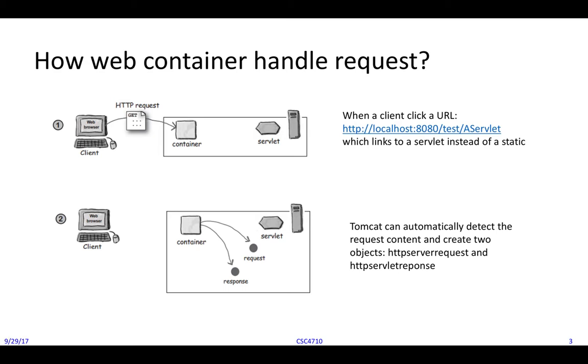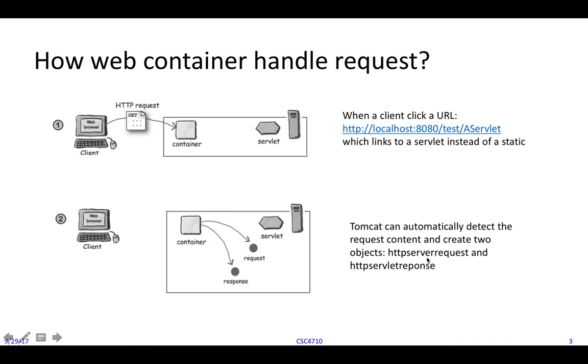It means that this URL will link to a servlet instead of a static web page. Then Tomcat can automatically detect that the request content is a servlet and create two objects. The first one is request and the second one is response.